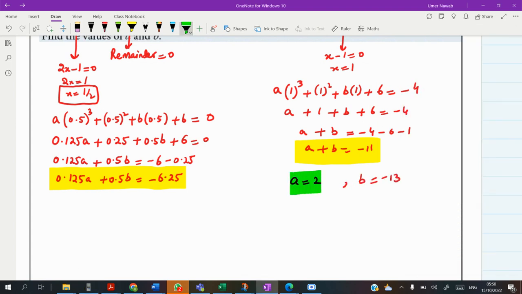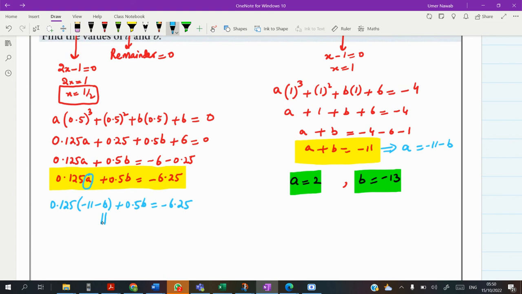But for the final exam, you need to show a method. How did you get this result? The best thing is you can make a the subject, minus 11 minus b, and substitute it here. So 0.125 in the place of a, you write negative 11 minus b, plus 0.5b is equal to negative 6.25.